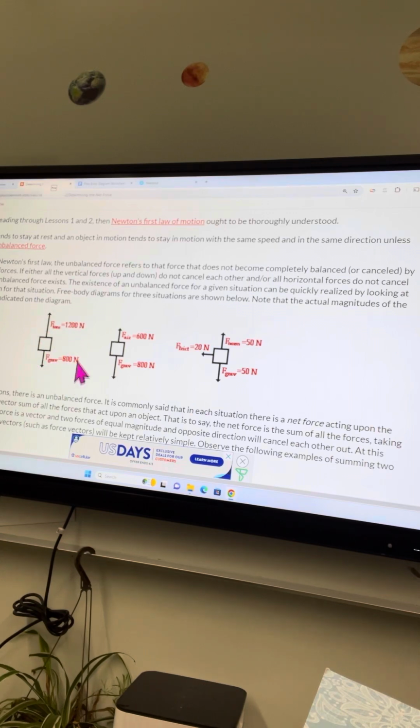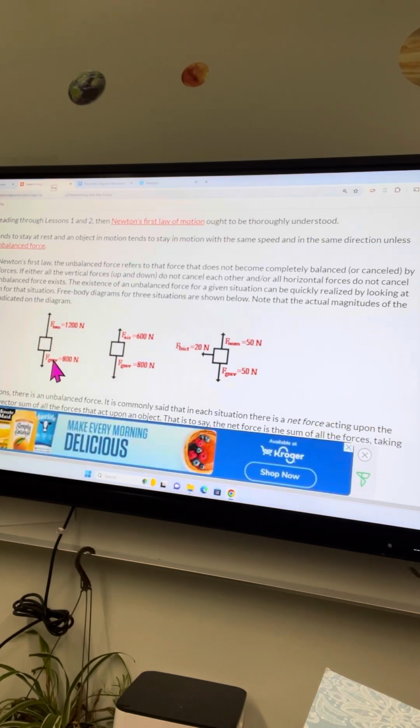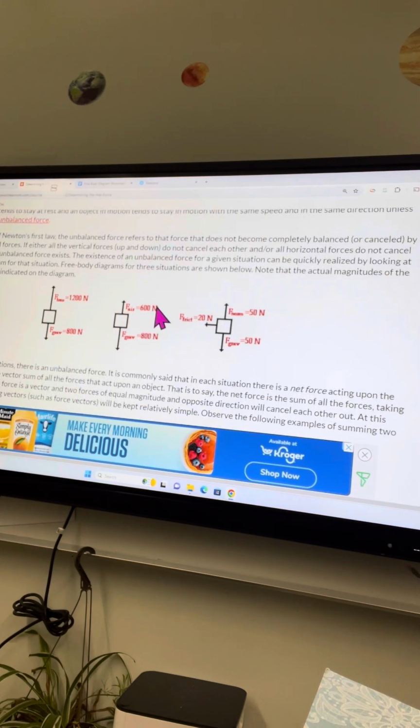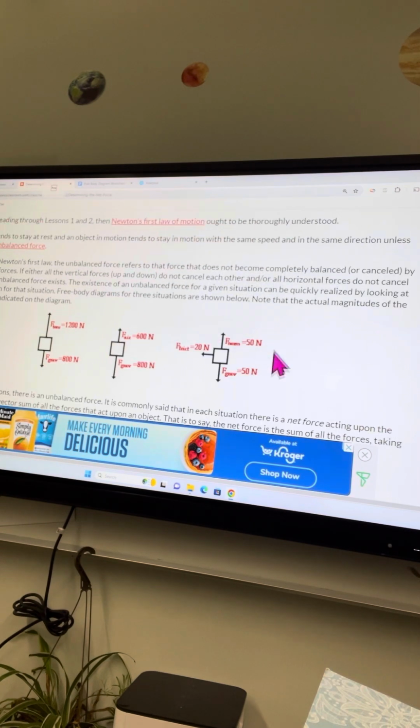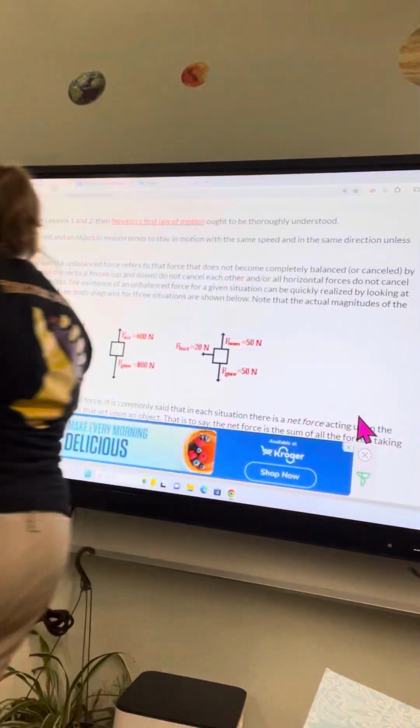Here we have force, right? Tensile force and gravity. One is 1200, one is 800. Air resistance, we have 600, one is 800, okay? And then we have normal force is 50, force of gravity 20. So what happens is, let me get my pen going here.